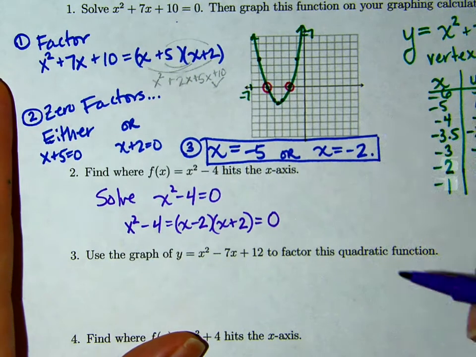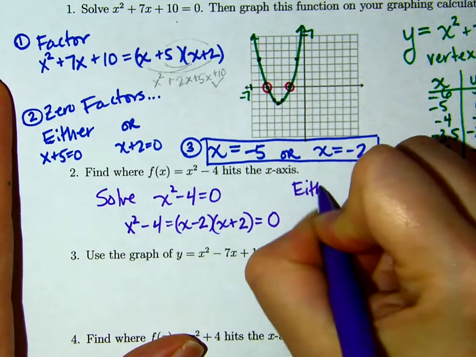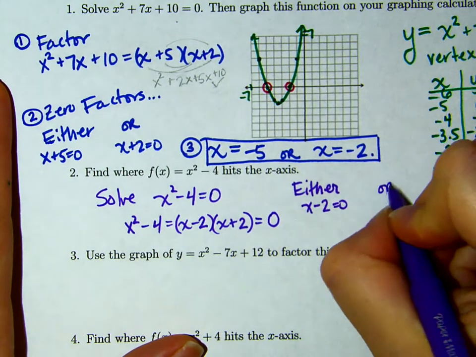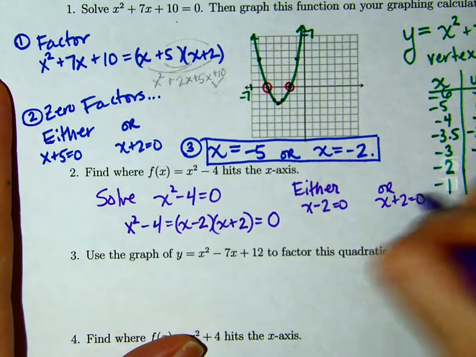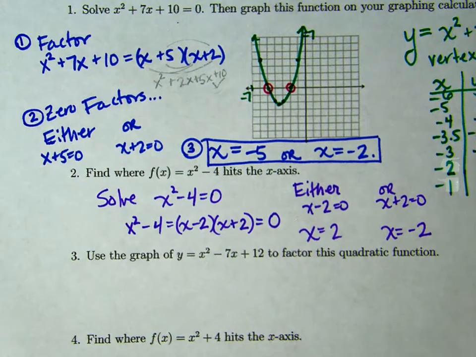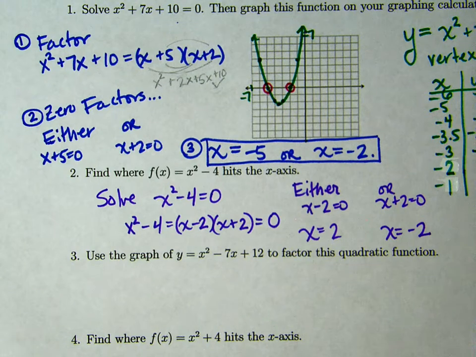And then we say either x minus 2 equals 0 or x plus 2 equals 0. And we have these two solutions.